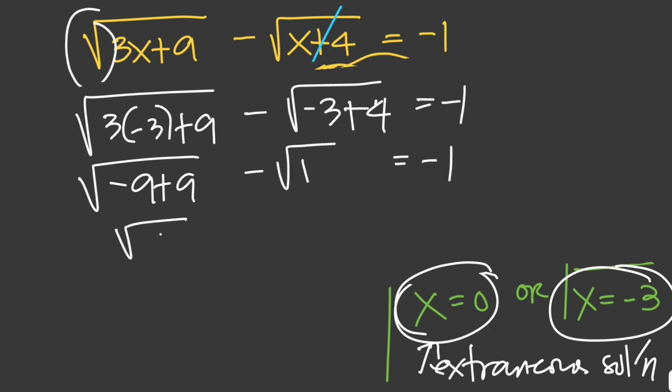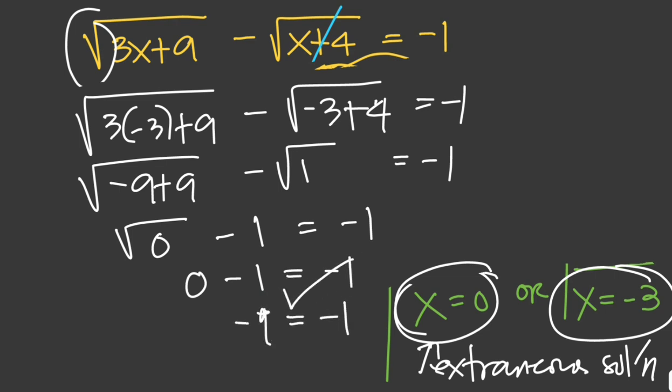Negative 9 plus 9 is 0. So that would be square root of 0. Minus square root of 1 is 1 equals negative 1. So 0 minus 1 equals negative 1. Negative 1 is equal to negative 1. And that is true. Therefore, x equals negative 3 here is a solution to the given problem.